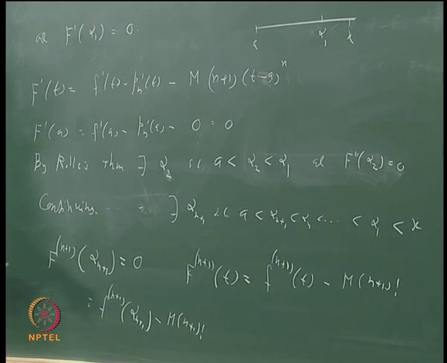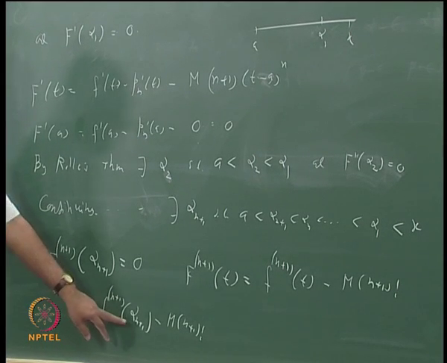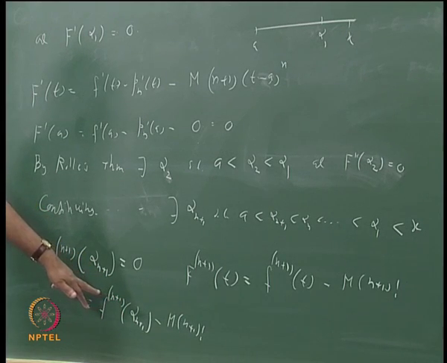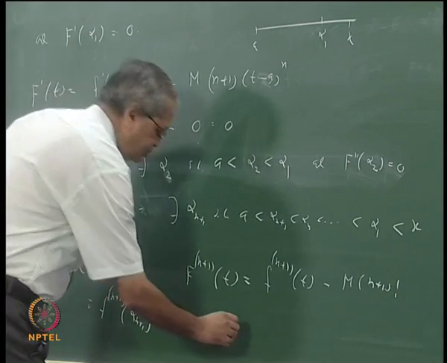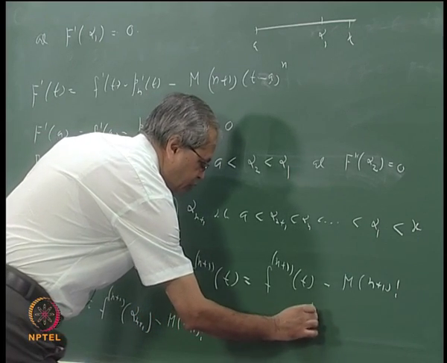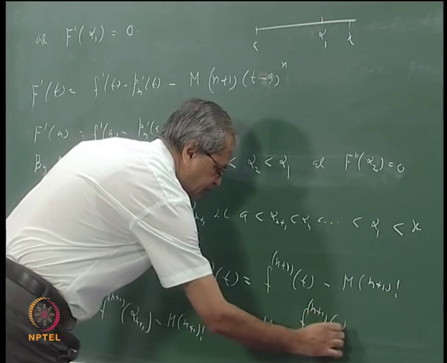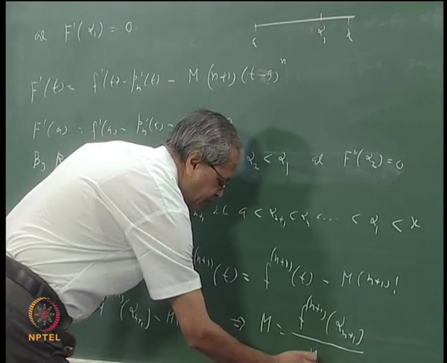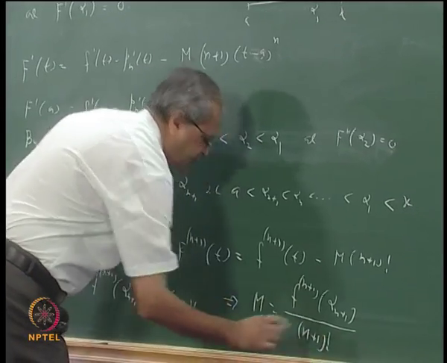That is the same as saying that m must be the n plus 1 derivative at this point divided by n plus 1 factorial. This means that the value of m is equal to f n plus 1 at alpha n plus 1 divided by n plus 1 factorial.